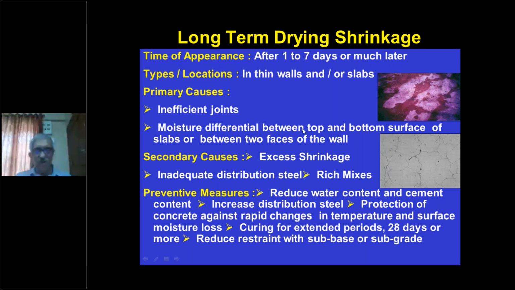The moisture differential between the top and the bottom surface of the slab or between the two surfaces of the wall may occur, and the concrete might take a saucer type shape because the top surface will be shrinking more than the bottom surface because the top surface is exposed to sun, etc.